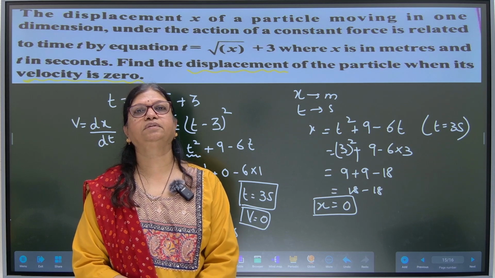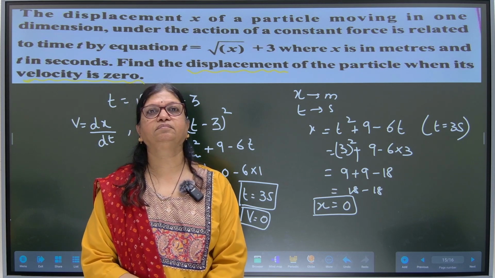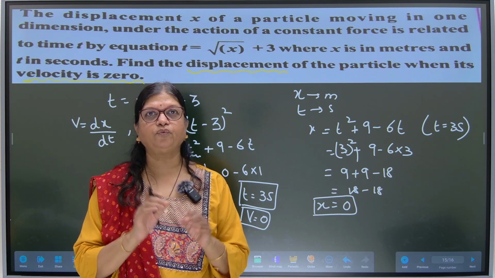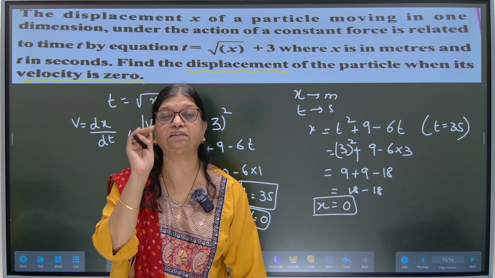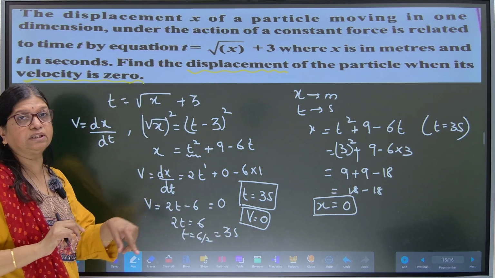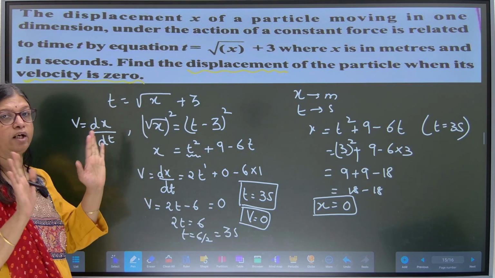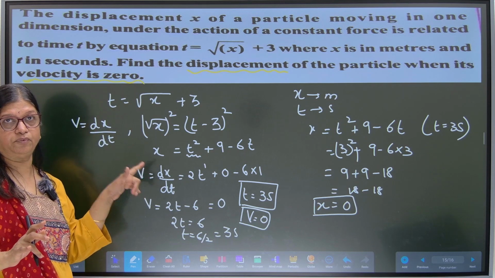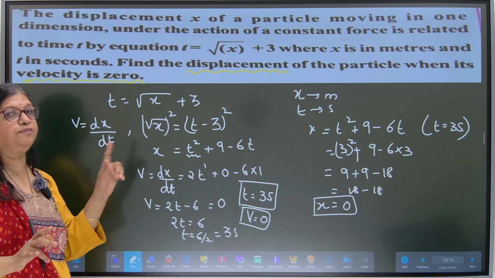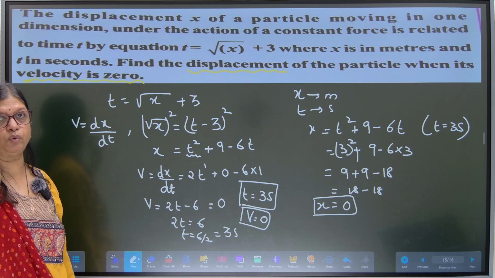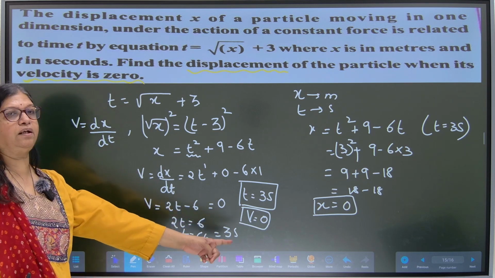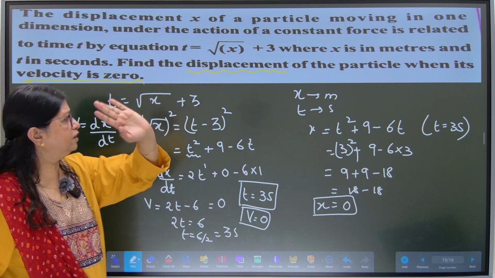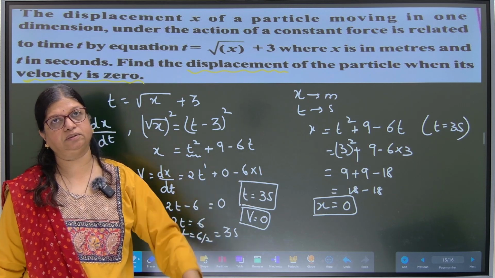Okay. Did you understand how to go about it? First to do differentiation, and in this, why I chose this numerical is that x was not there with me directly. I found out x first and then differentiated x with respect to time to get the velocity. Then I equated it to 0. Then I found out the displacement with t is equal to 3 seconds.